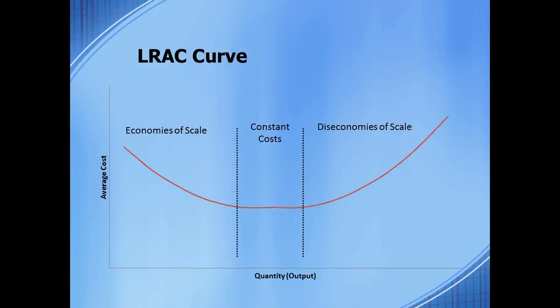And we have it here on this long run average costs curve. We can see it's a simplified long run average cost for a company, and it's similar to the marginal cost curve. If we think of the first area, the economies of scale, we see the average cost falling as the output grows, and then we have this constant costs where there's no real change.